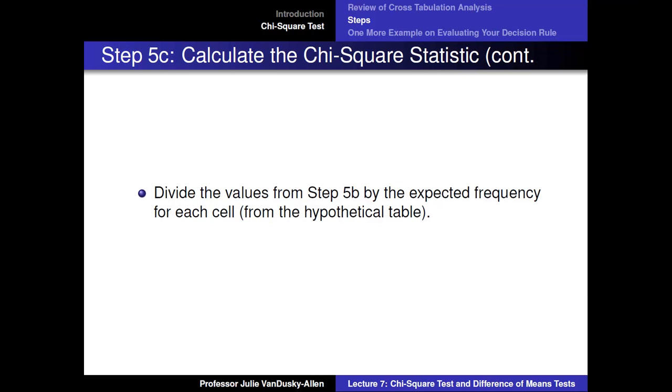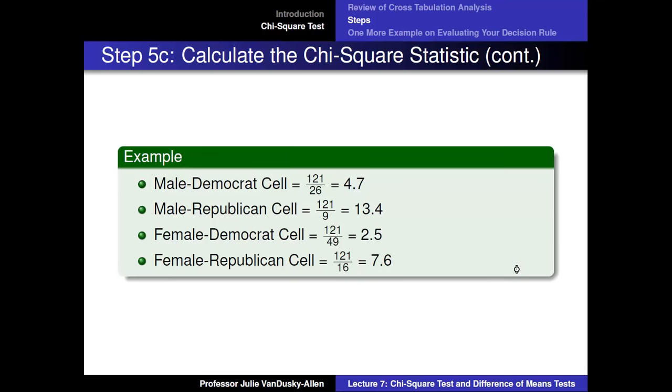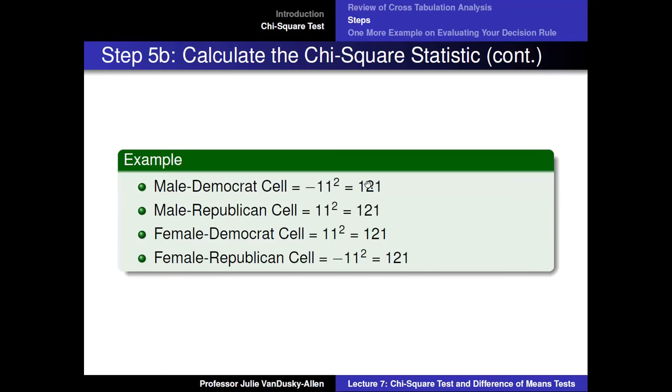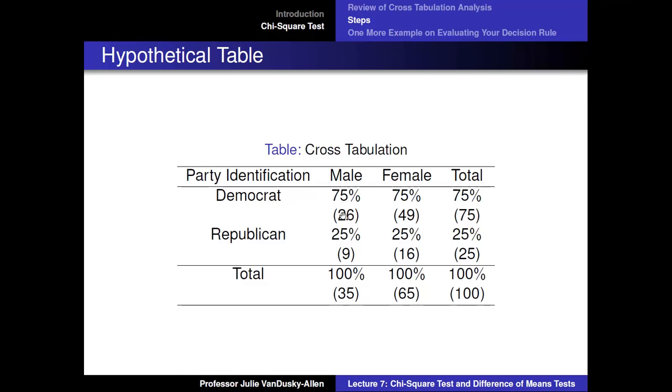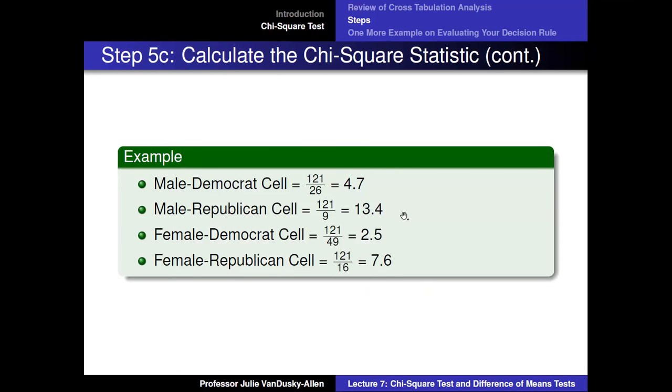The next step is dividing the values from step 5B by the expected frequency from each cell from the hypothetical table. So just remember that these were all 121. So for the male Democrat cell, it should be 121 divided by 26, which equals 4.7.